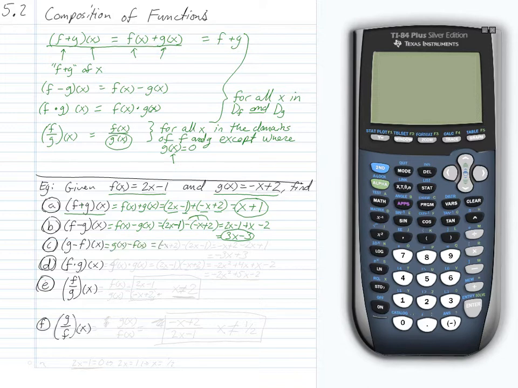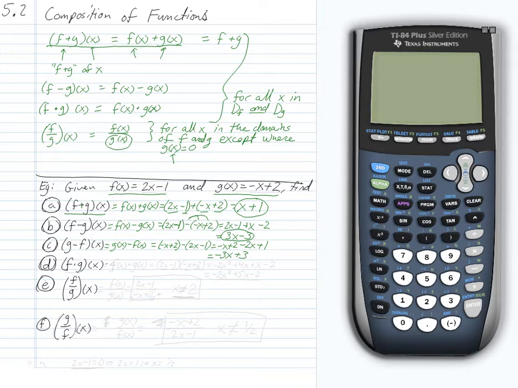So we're going to take negative x plus 2 and subtract 2x minus 1, having the effect of distributing that negative into the other function, f this time, so negative x plus 2 minus 2x plus 1, and our final result, if we simplify and combine like terms, negative x and negative 2x gives us negative 3x, and 2 plus 1 gives us plus 3. So the order that you perform the subtraction does matter.